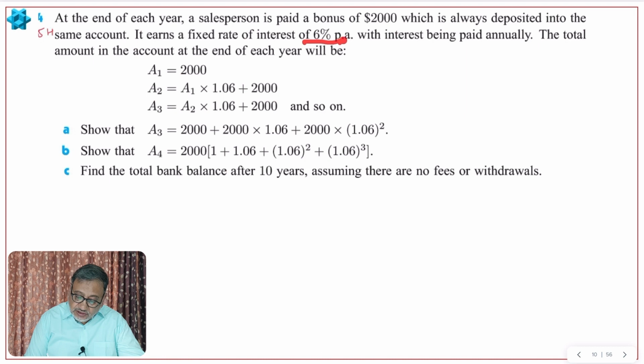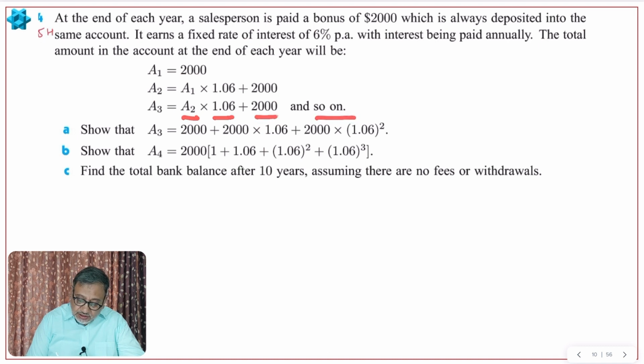So 100% plus 6% will be 1.06 multiplied. Its second term will be 2000 in the beginning, and the second year again he will get A1 into 1.06, which is 2000 into 1.06. A3 will be the second term A2 multiplied by the interest plus 2000, and so on.